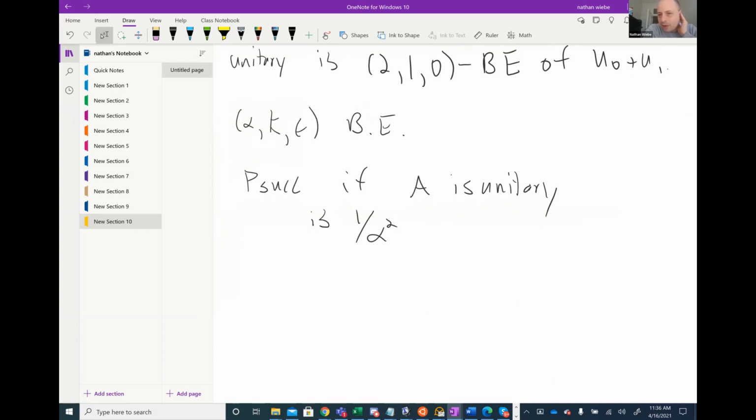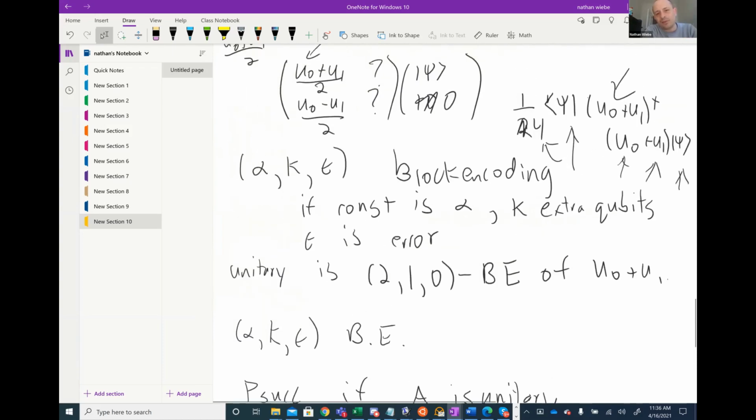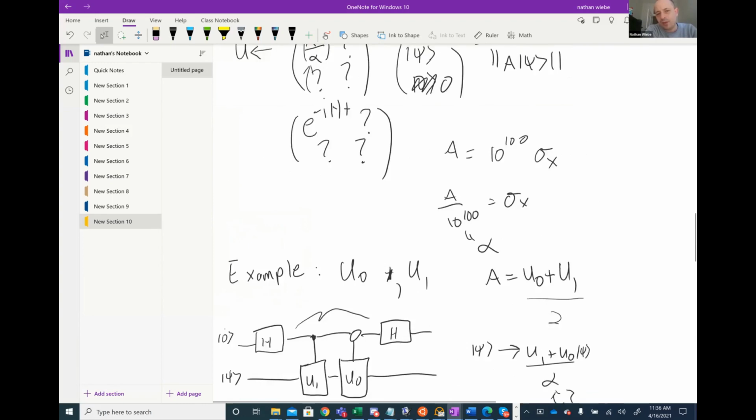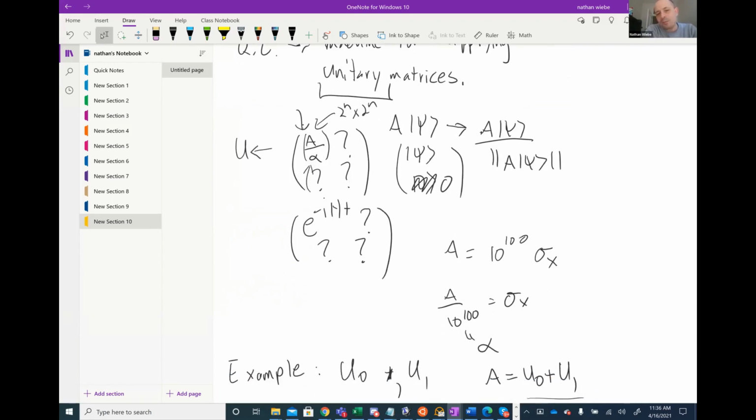But with block encoding, the whole idea is to represent your problem in a higher dimensional space, so that you can apply non-unitary operations using unitary operations on the bigger space. It's really just a trick to squeeze more out of our quantum devices, which can only naturally do unitary operations, with the exception of measurement, of course.